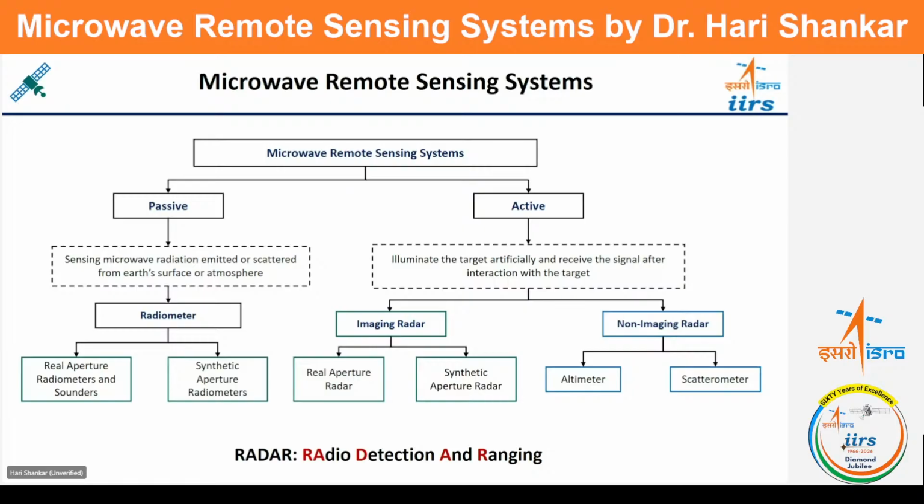They are using the radiometers as well as active remote sensing, or you can say radars, and they are investigating soil moisture at 9 kilometer or 36 kilometer resolution. Why are they using both active and passive? Because some advantages are there with the passive devices and some with the active devices, and both have their capabilities.